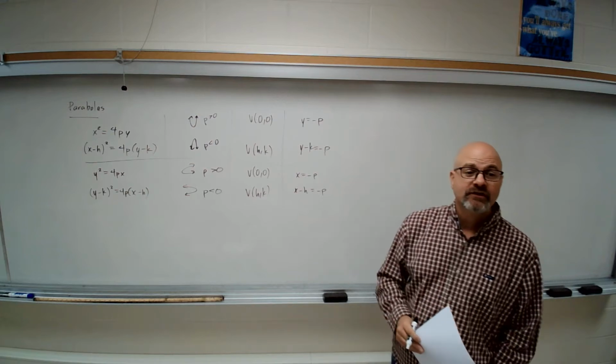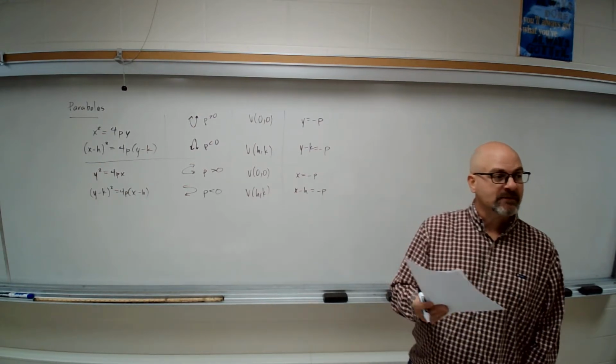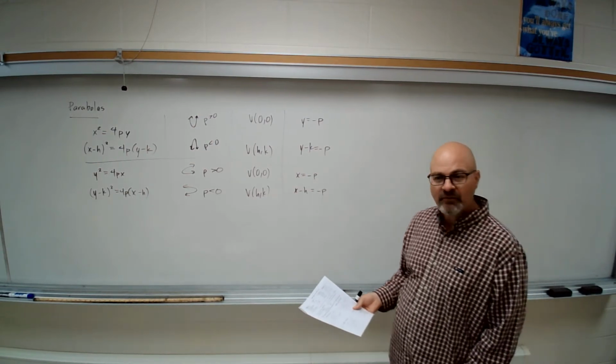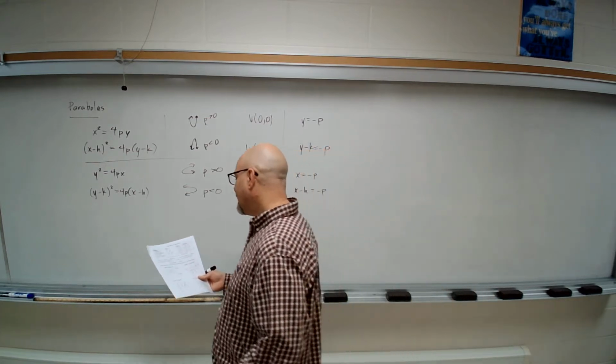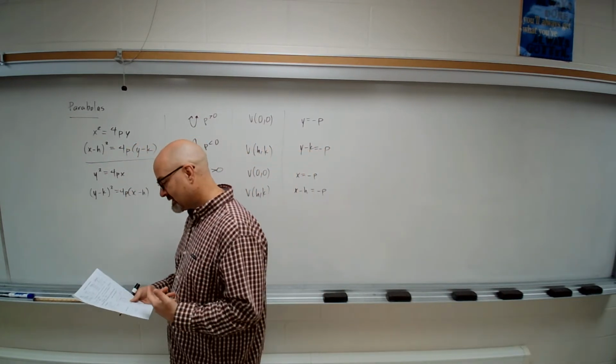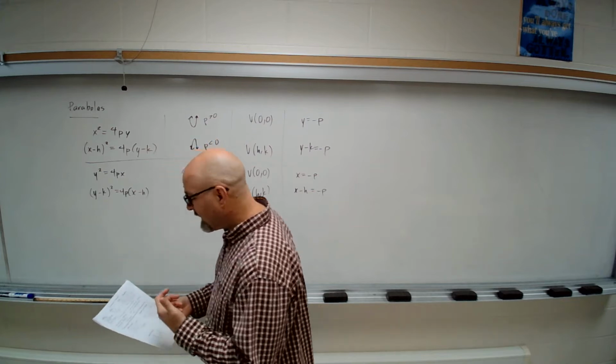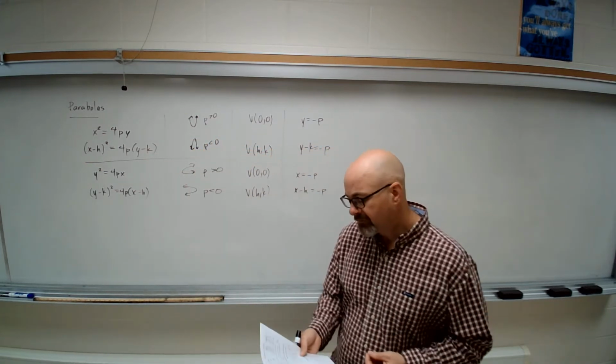Now, to understand what these mean in terms of what the directrix is, and we're going to talk about another point called the focus, we need to define what a parabola is. Okay. And then again, p is the distance from the vertex to what's called the focal point.